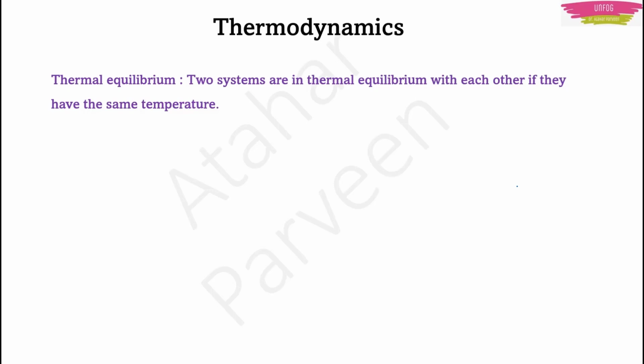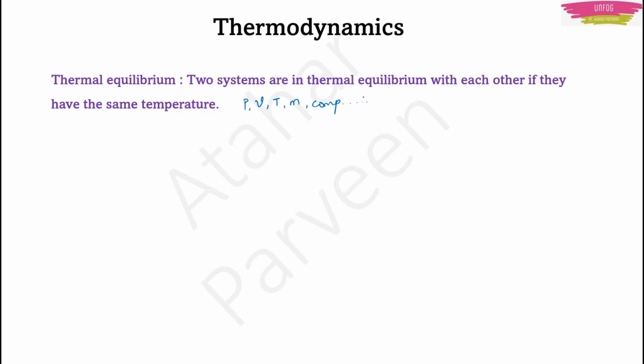So a thermodynamic system is said to be in thermal equilibrium when these macroscopic variables do not change with time. What are the macroscopic variables? We told pressure, volume, temperature, mass, composition, etc. All these will not change with time.